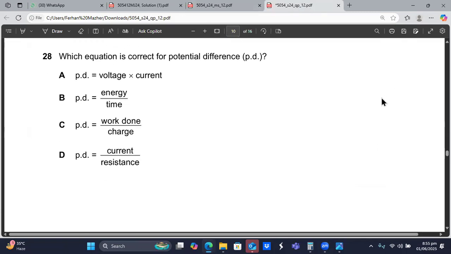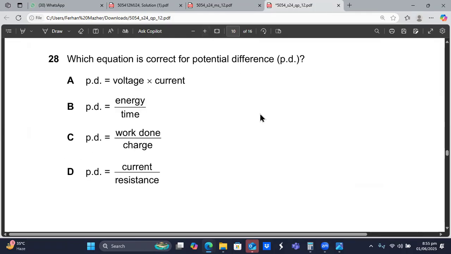Question number 28 coming up on your screen. He says, which equation is correct for potential difference? Potential difference. Okay. A potential difference is equal to the work done divided by the charge. It's a very famous formula.